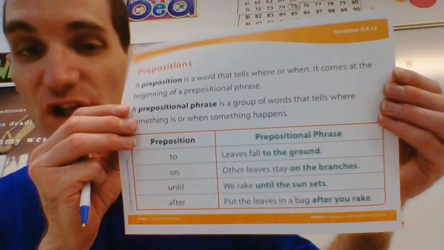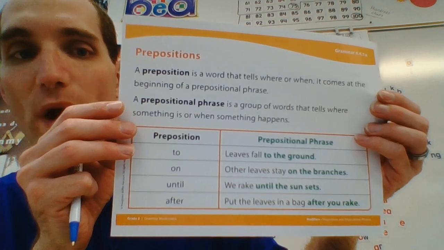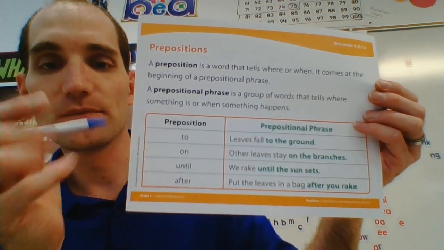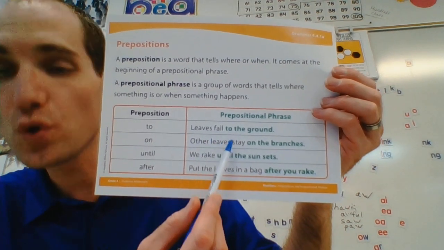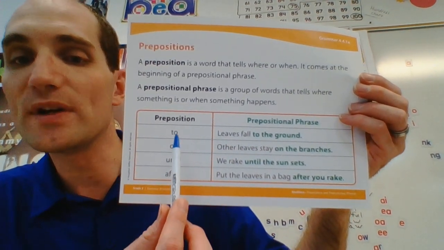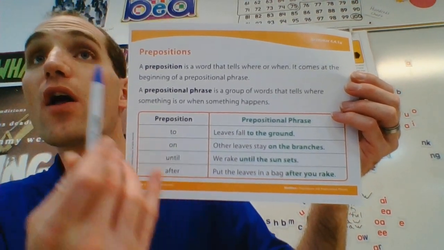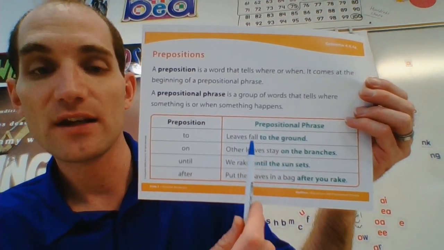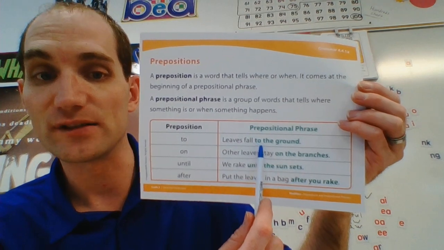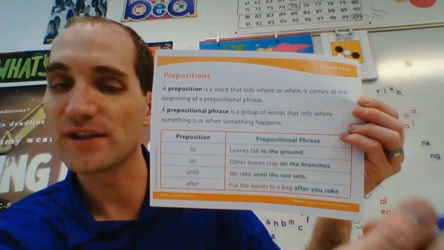A preposition is a word that tells you where or when something is. For example, the word to. Leaves fall to the ground. To is the preposition, and the whole chunk of words, the rest of the sentence, to the ground, the whole rest of the thought, is called a prepositional phrase.